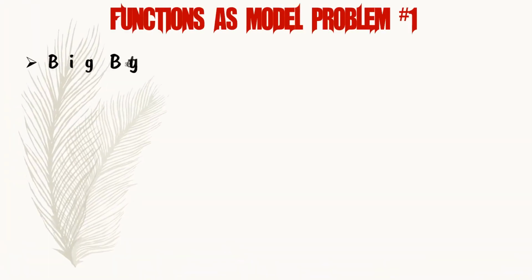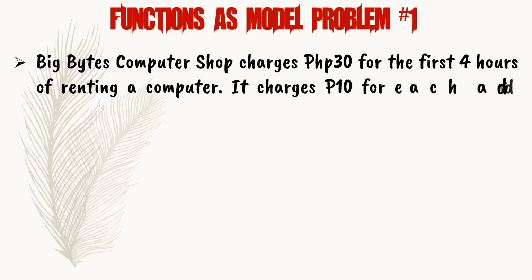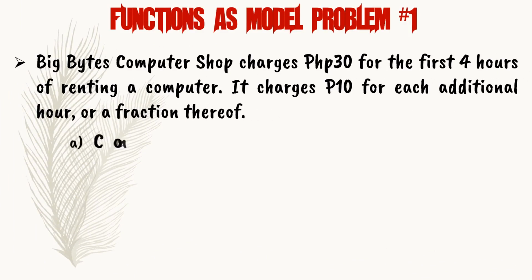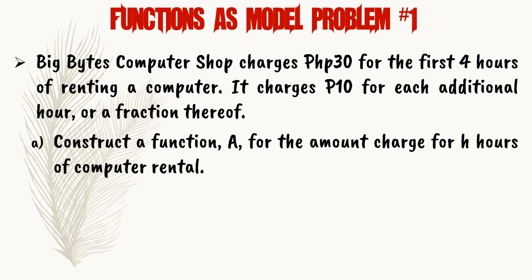Okay, let's have application problem number 1. Big Bytes Computer Shop charges 30 pesos for the first 4 hours of renting a computer. It charges 10 pesos for each additional hour or a fraction thereof. You are asked to construct a function A for the amount charged for each hour of computer rental. This is an example of a piecewise function.